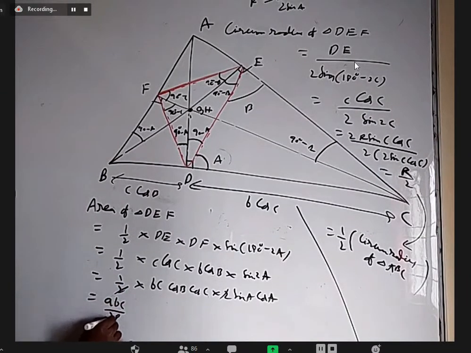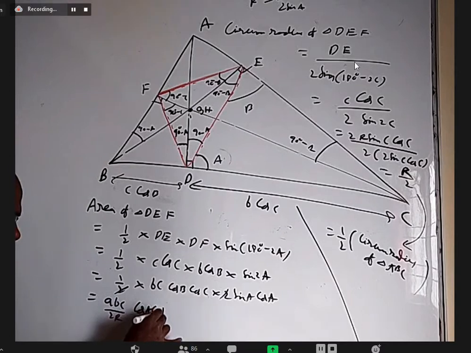abc by 2R cos A cos B cos C. Actually, abc by 4R is delta of the original triangle.